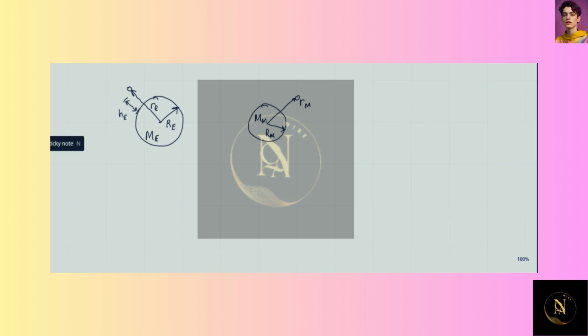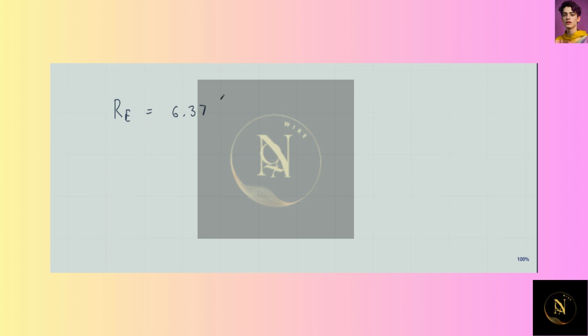So the first thing to note is that the radius of the Earth is equal to 6.37 times 10 to the 6 meters. The radius of the satellite's orbit about the Earth is equal to the radius of the Earth plus the altitude of the satellite's orbit. Since both of these are known, we can calculate this value.